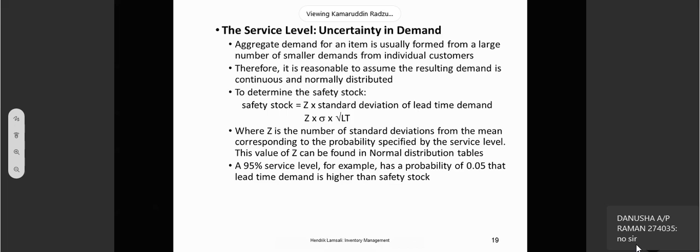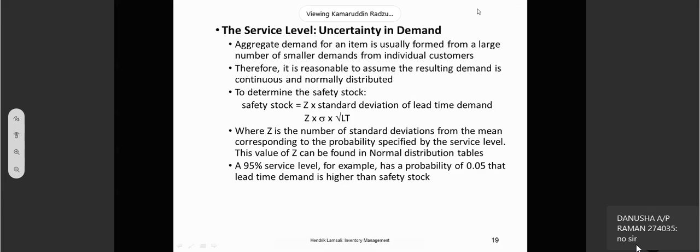So we understand that the demand will be aggregate. The aggregate demand is formed from a large number of smaller demands from individual customers.